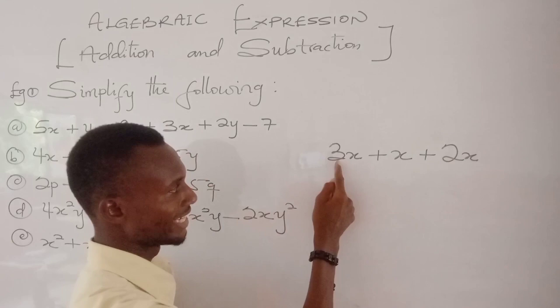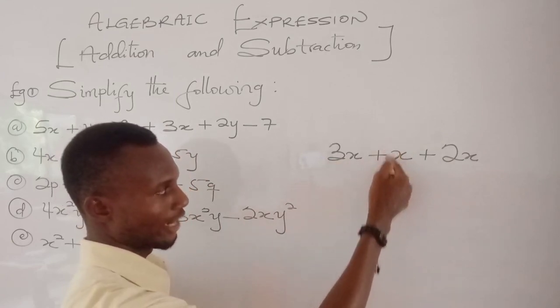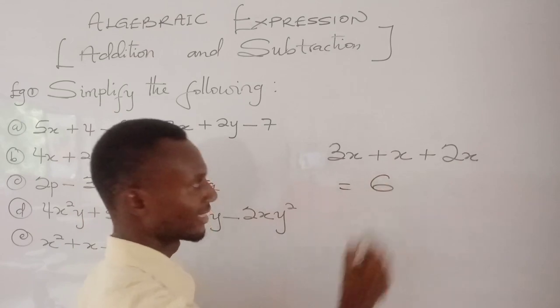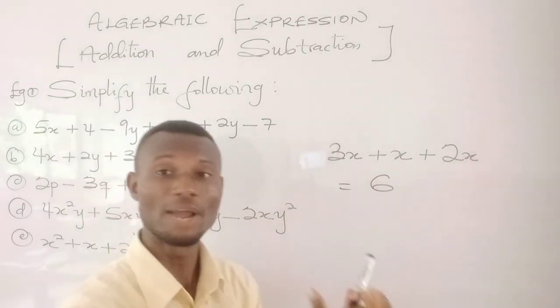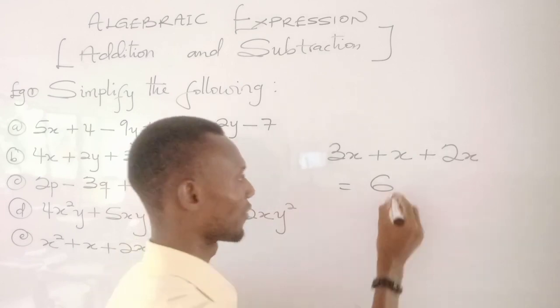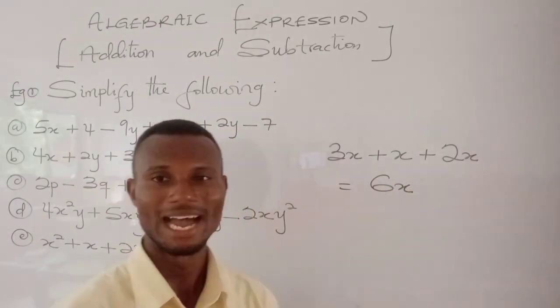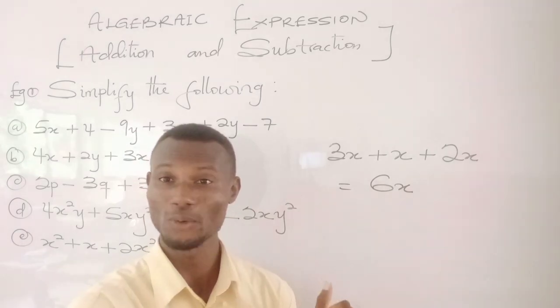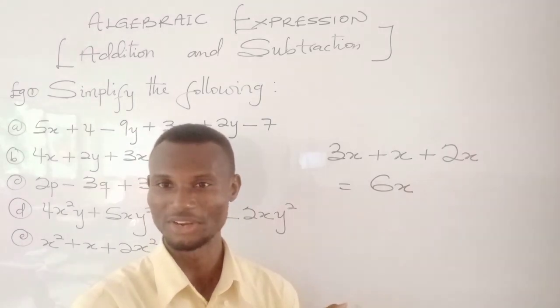So it's going to be the 3 here plus the 1 here plus the 2 here, which is going to give 6. I hope you agree with me. Then we just pick one of the variables and attach to it. So we are going to have 6s as our final answer. I hope you understand and you agree with me.